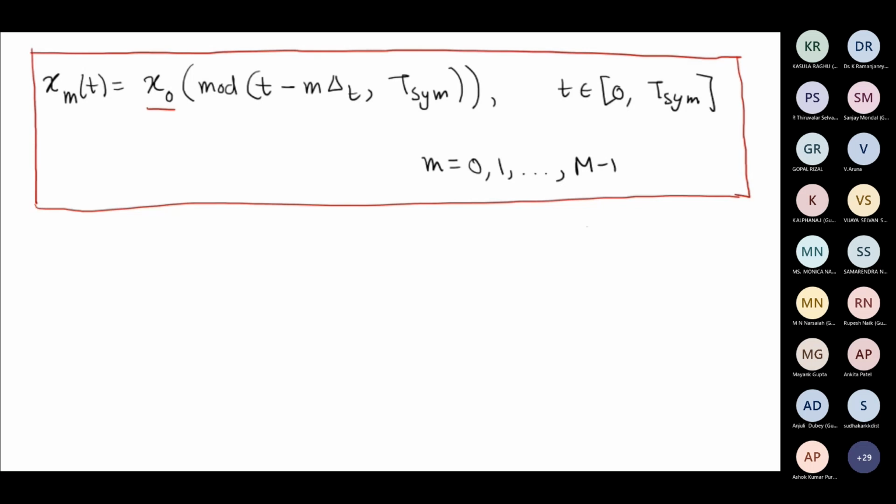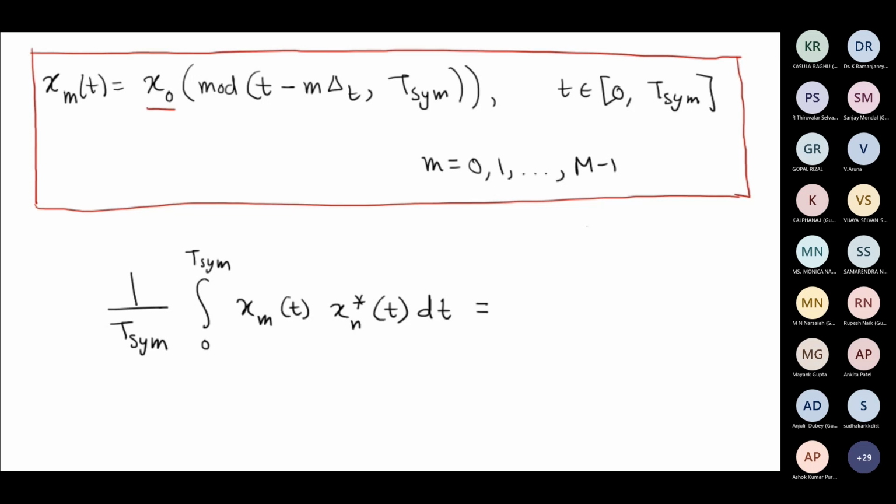We will not write down the derivation, but just to reassert the idea of orthogonality, we will write 1 by T_sym times the integral of the product of any two CSS symbols. These are complex baseband representations, which is why we have a complex conjugation.